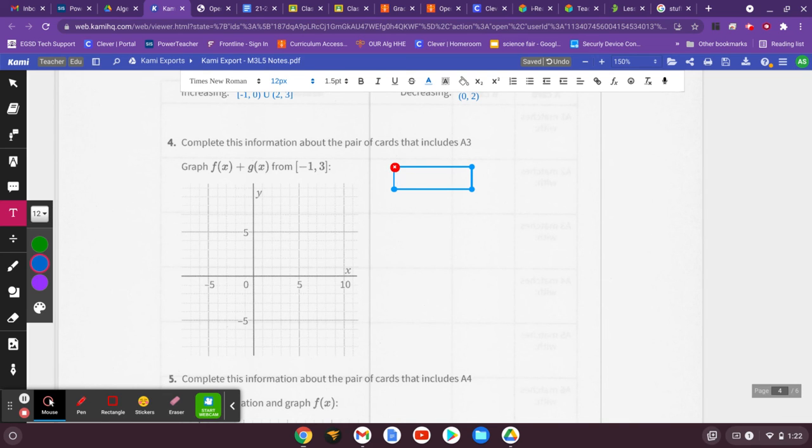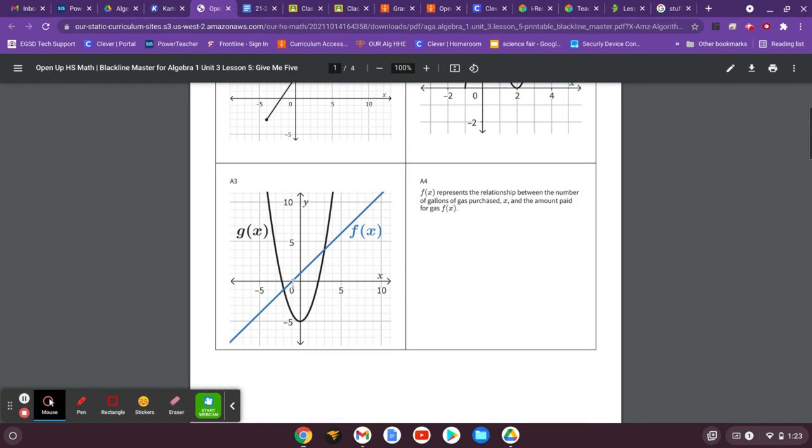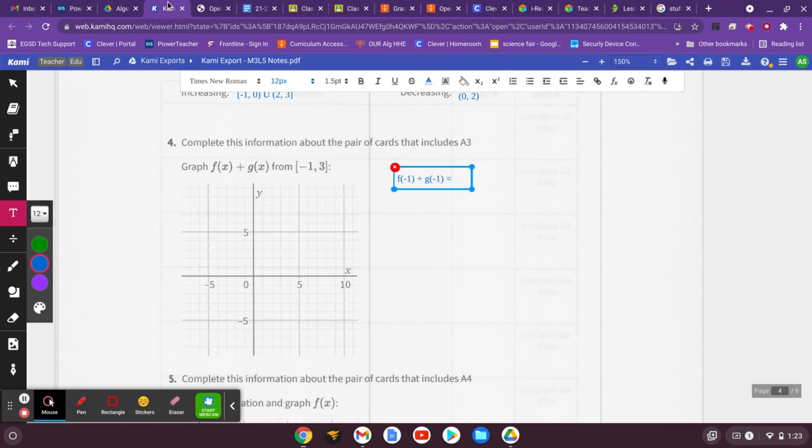Let's just go ahead and do f of -1 plus g of -1 equals, so f of x at -1 is 0, and g of x at -1 is -4. Equals 0 plus -4, which equals -4. So my point here is -1 comma -4.